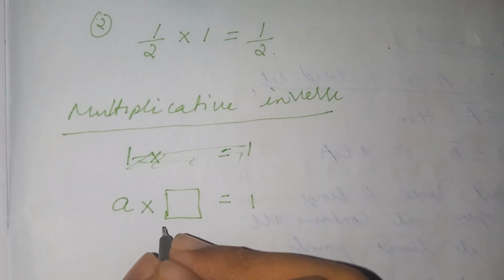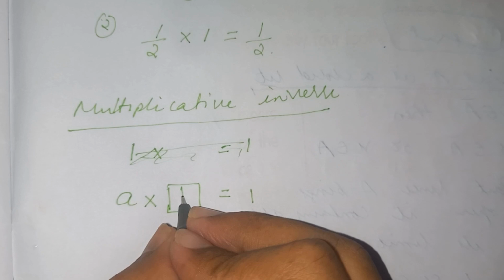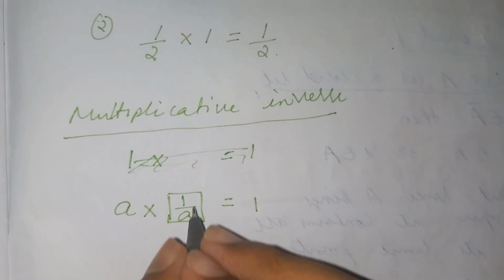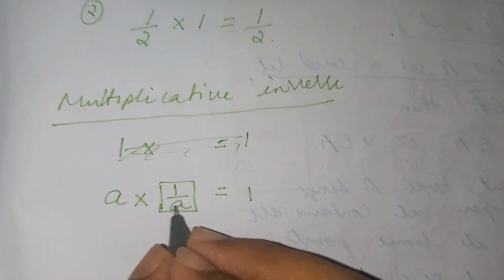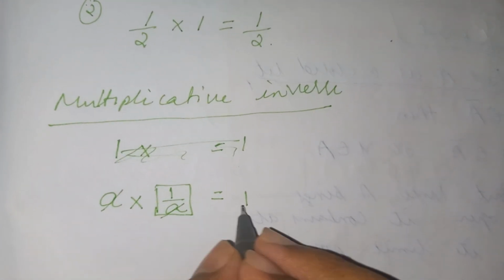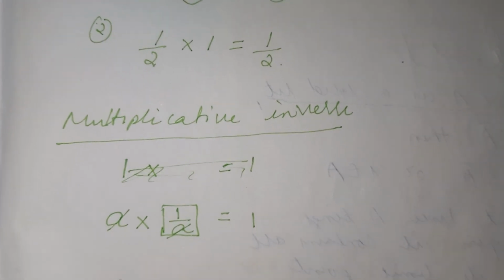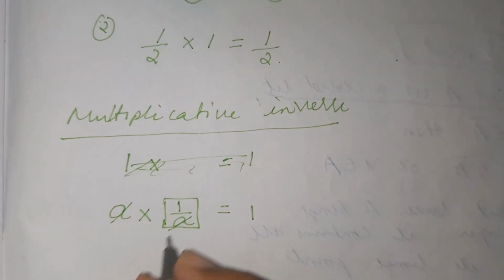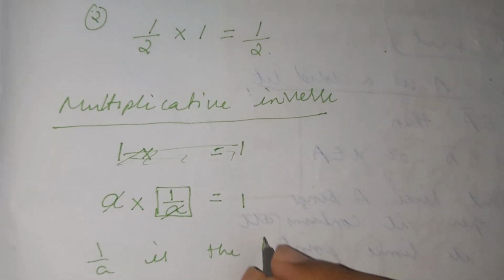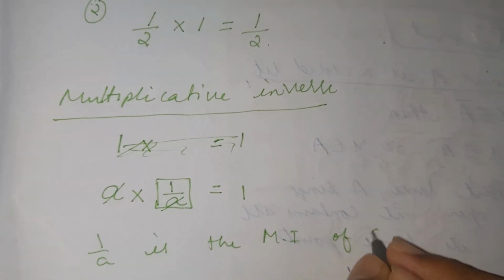So the only possibility is 1 by a, since if we multiply a into 1 by a, then this a and this a will cancel and we will be left with the answer 1. So here we can say that 1 by a is the multiplicative inverse of a.